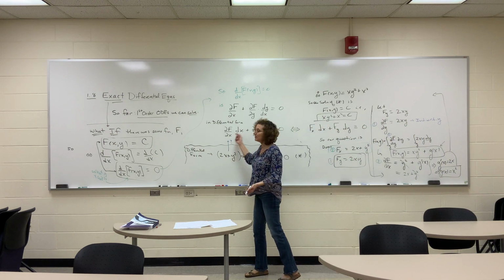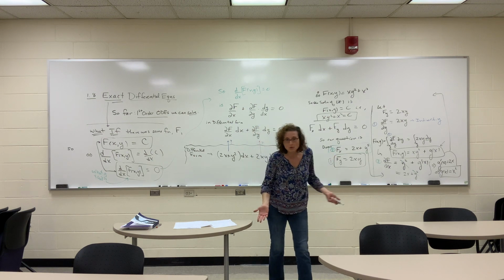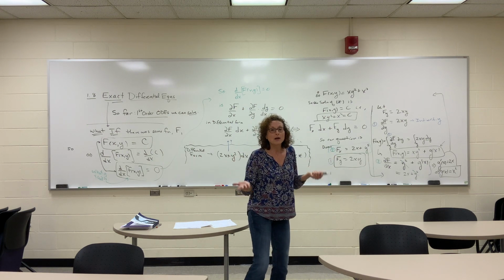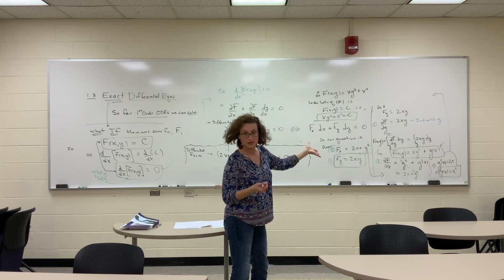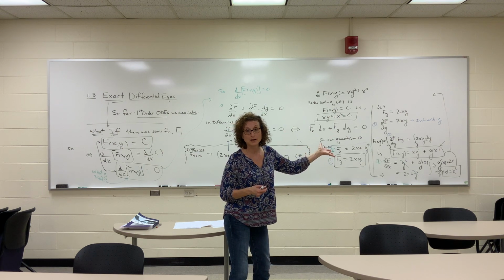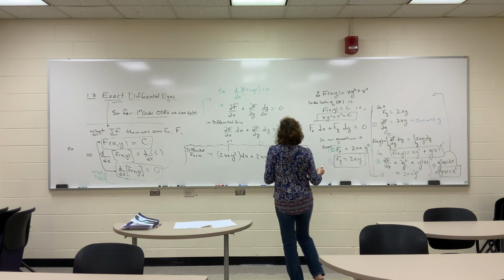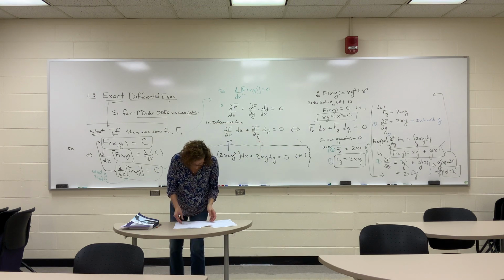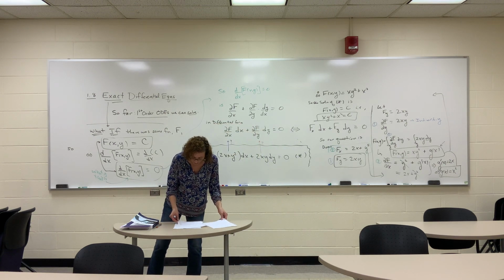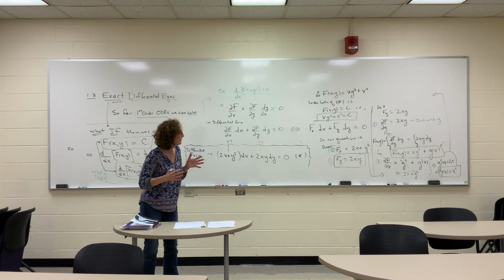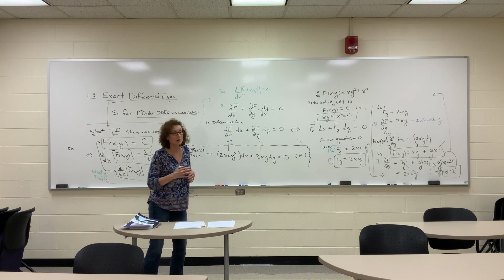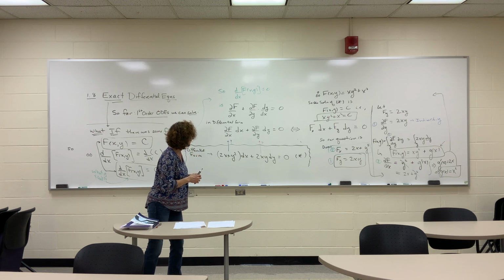We can't do that. There is no such function. You don't want to go through all that work without knowing ahead of time it's gonna work, right? Okay? And so that's the big question that we have now, is how do we know ahead of time that it's gonna work? Okay? That's where we're heading.